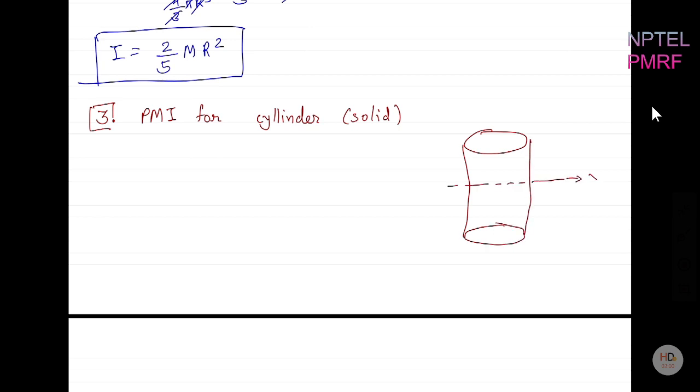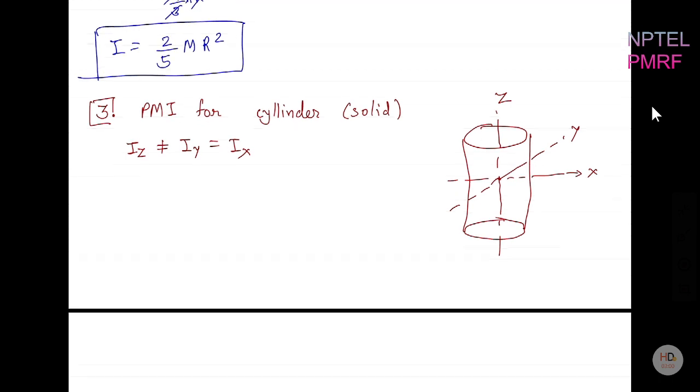So let's call this the x-axis, this is the z-axis, and this is the y-axis. Okay, so clearly Iz is something different, but Iy and Ix are the same because of this circular rotational symmetry.